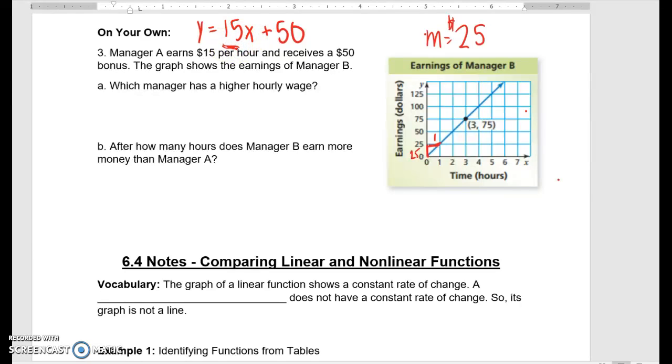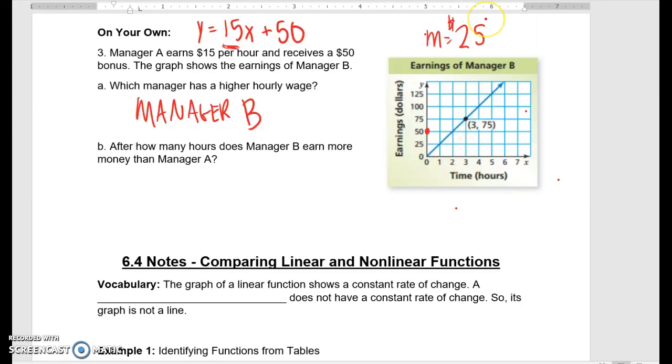So which manager has a higher hourly wage? That'd be manager B. And then after how many hours does manager B earn more than manager A? So since I'm going to erase this, since we already have manager B plotted on this graph, I'm going to do the same thing with manager A. So if manager A starts at $50, that's going to be our y-intercept.